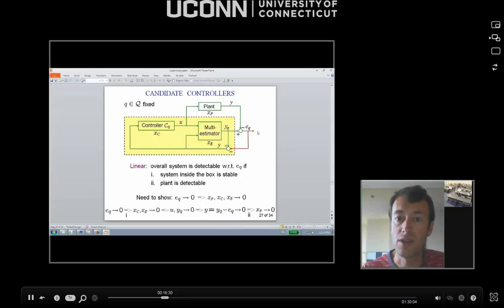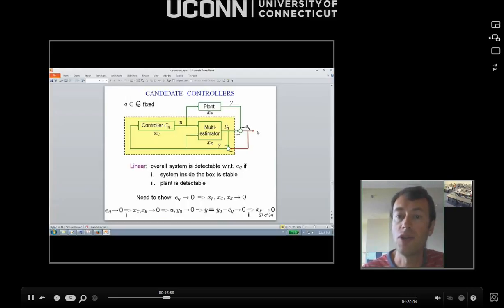Then, of course, the signals U and Y sub q, which are generated by the controller and the multi-estimator, respectively, also go to 0. These are linear outputs of these states. And then if you recall that the output of the plant is given by the difference of Y_q and E_q, then you see that that goes to 0 as well.